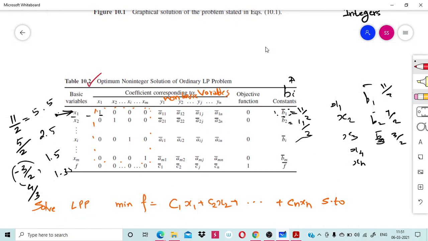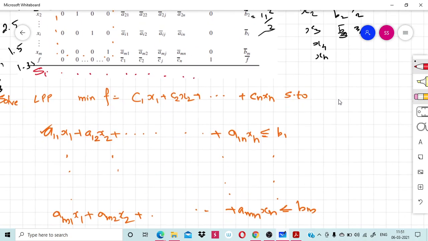You have to introduce the Gomory constraint here as a row. That means here you will get Si, and you have to write the corresponding coefficients of x1, x2, xi, xm, and so on, like this.